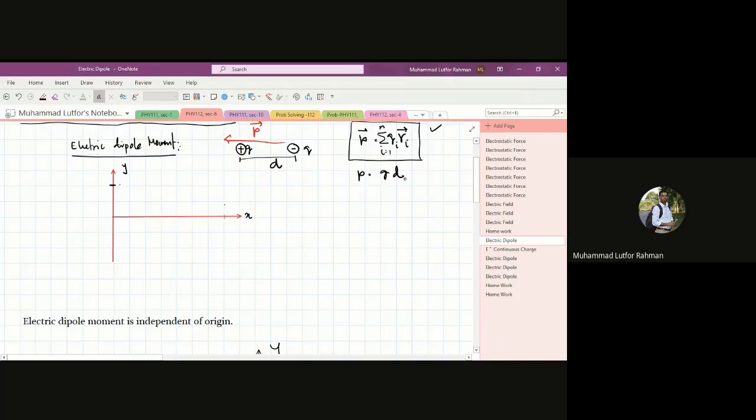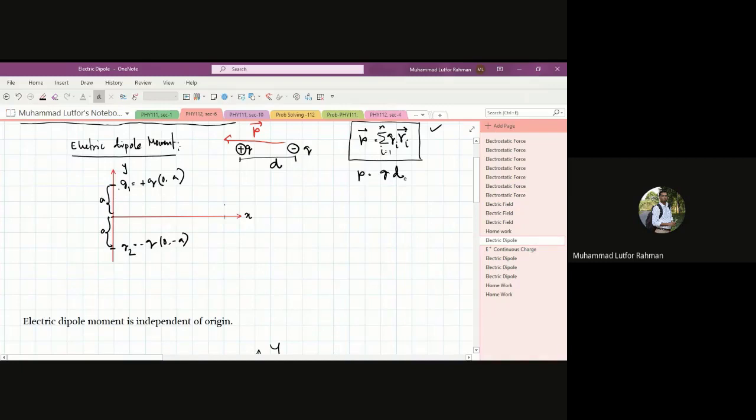This is Q1, which is plus Q, and this is Q2, which is minus Q. And the coordinates of these 2 are 0, minus A, and 0, A. I choose this as the origin. It means that this distance is A, and this distance is also A.